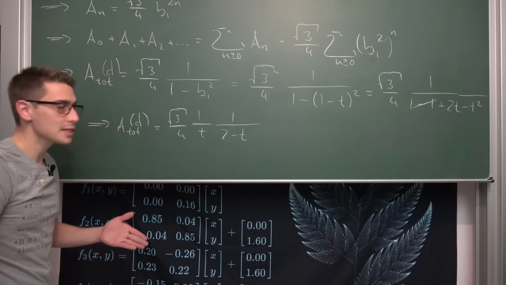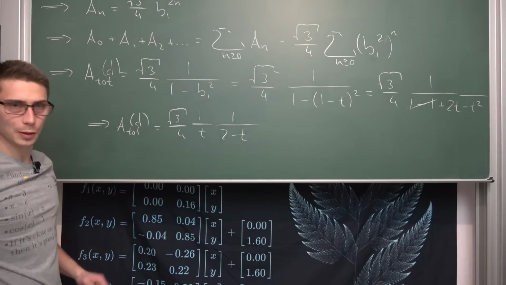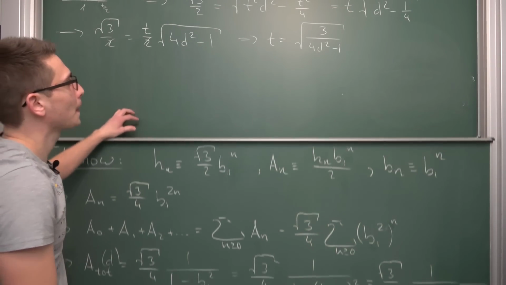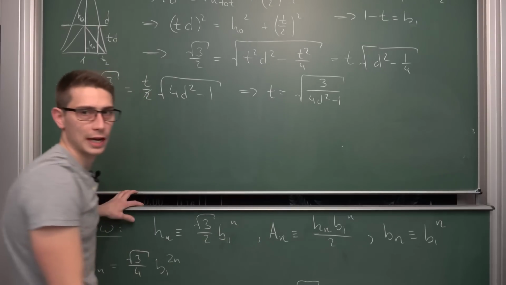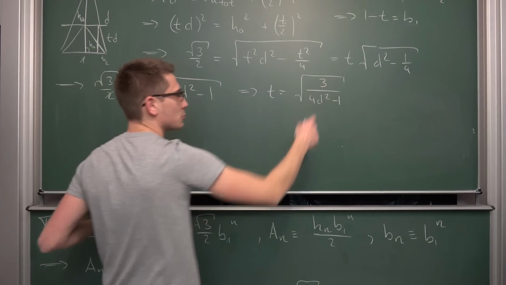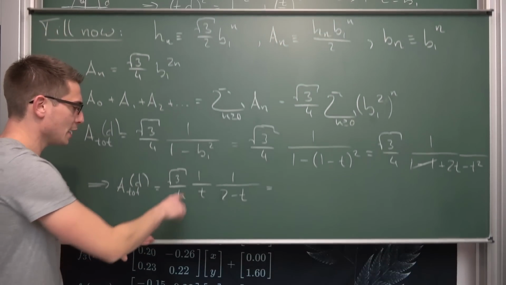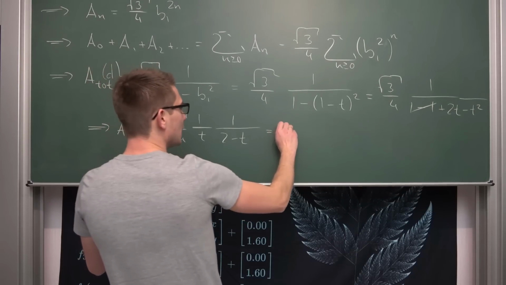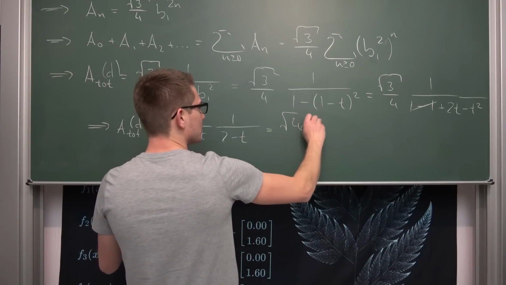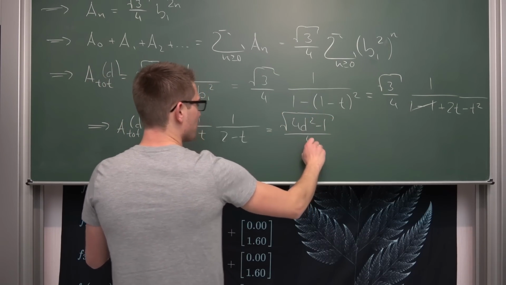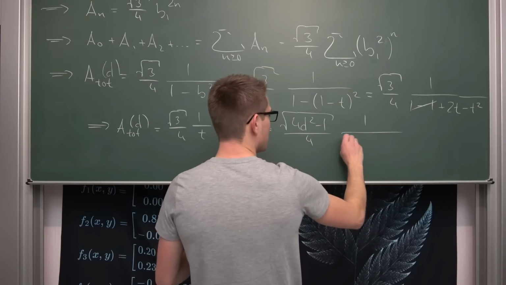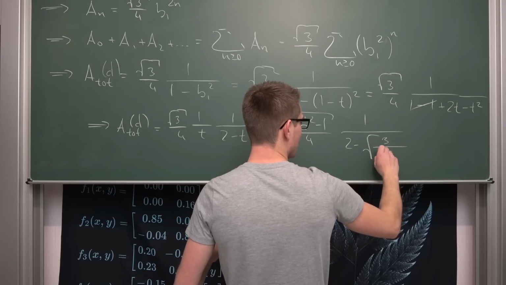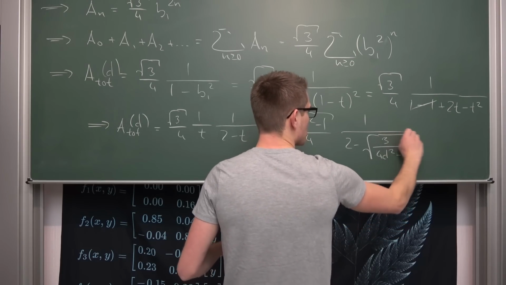This right here already settles it for me, at least because we know what t is, but we can also plug it into here. So t is nothing but what we have here, and don't forget we have the square root of 3 up here. If we were to plug it in, square root of 3 and square root of 3 is going to cancel out because we're going to take the reciprocal, leaving us with square root of 4d squared minus 1 divided by 4 times 1 divided by 2 minus the square root of 3 divided by 4d squared minus 1.